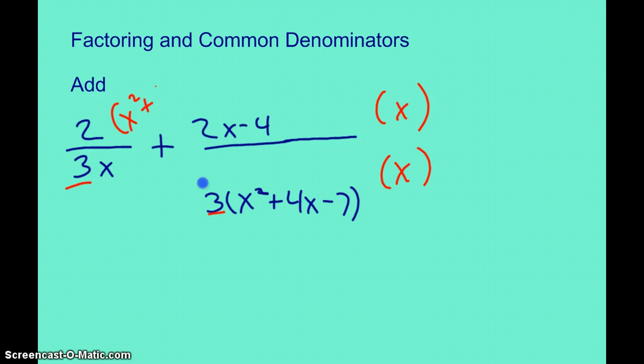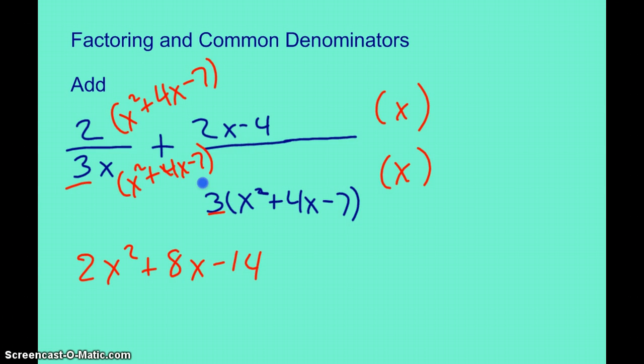So I'm going to multiply by x squared plus 4x minus 7 on both the top and bottom. Which leads to, if I distribute 2 through the top, 2x squared plus 8x minus 14, plus, when I distribute the x times the 2x minus 4, 2x squared minus 4x.